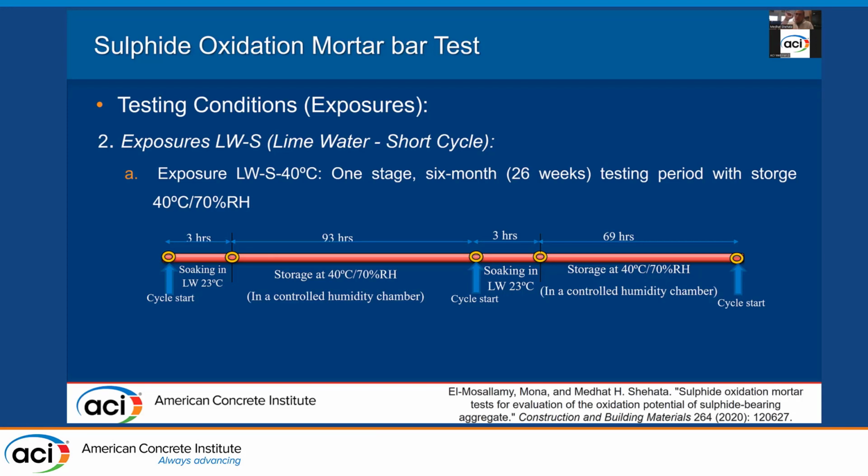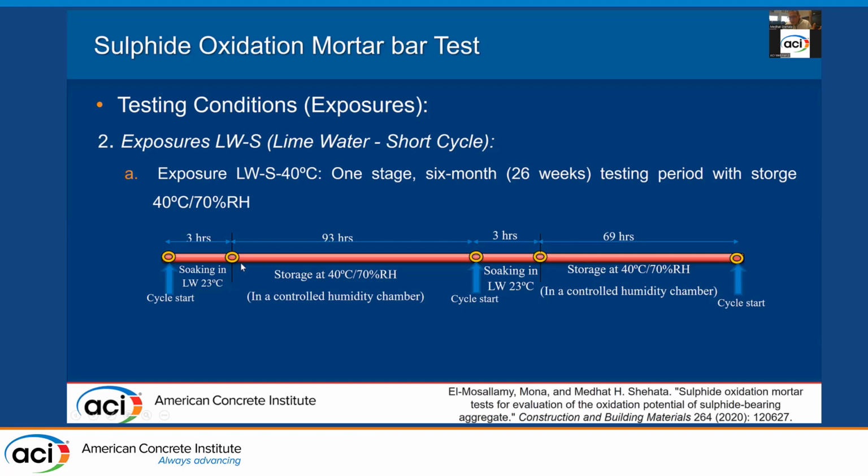I want to draw your attention to something very important. When you look at 70% humidity, it's in fact not 70, the minimum is 70. Because there is a precondition of soaking, and because these are mortar bars with a very small cross section, and because the water to cement ratio is relatively high, 0.65, we actually tested, and the bar will get saturated in these 3 hours, or at least reach a very high degree of saturation.